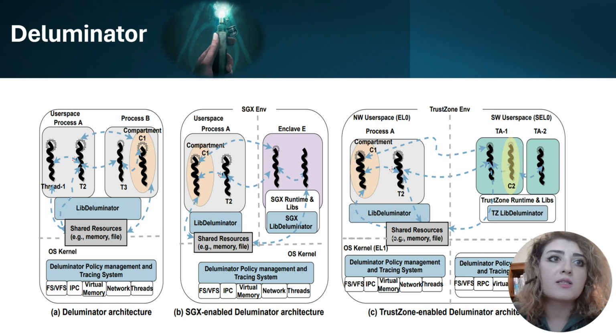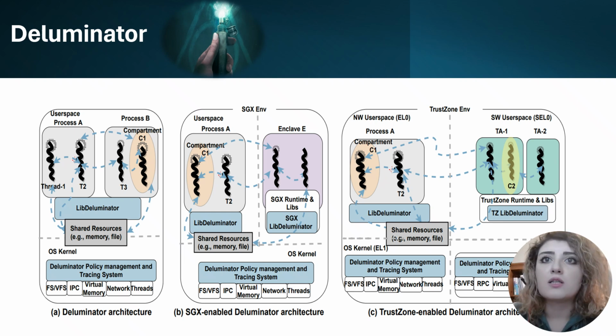Deluminator targets five main systems objects: threads of execution, virtual memory, IPC for operating systems, RPC for interactions across compartments, and file systems and network sockets.